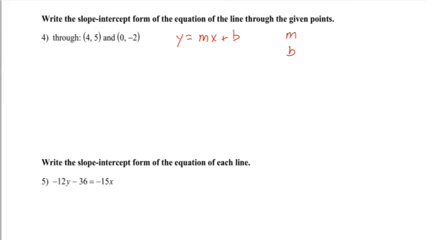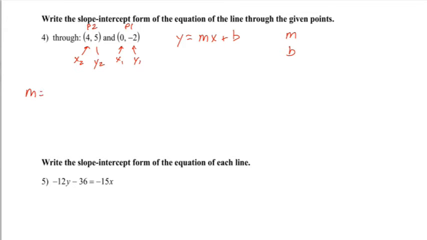We do know that we can calculate slope from 2 different points, so I am going to pick some p1 as being this point here, and p2 as being this point here, and I know that this is going to be x1, and negative 2 is going to be y1, and 4 is going to be my x2, and 5 is going to be my y2.